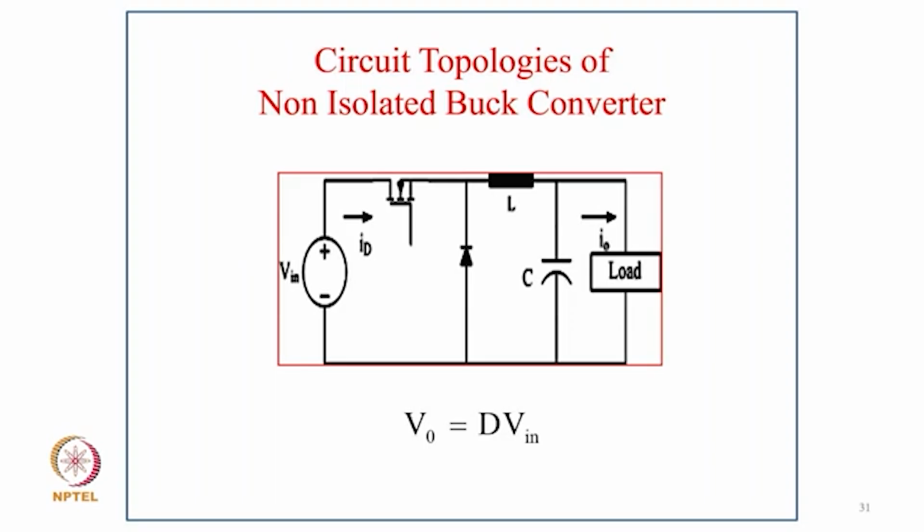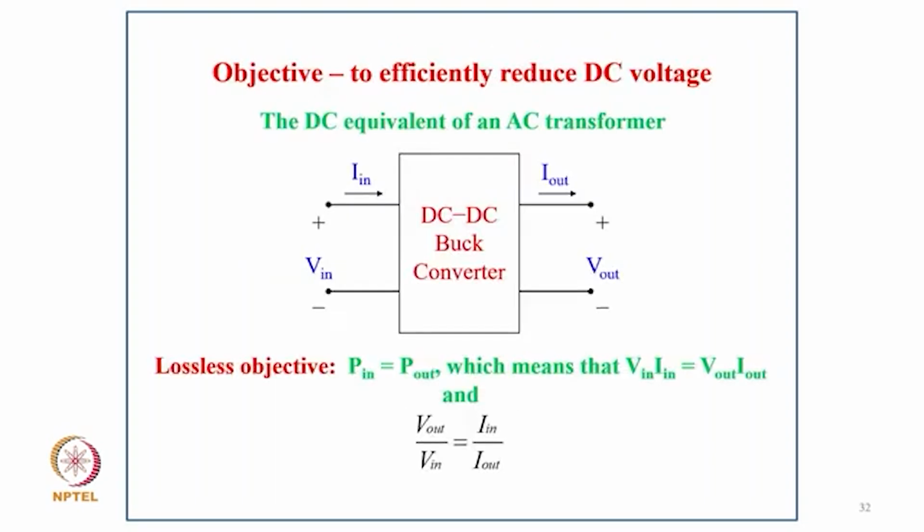This is an ideal converter where we neglect the parasitic effects, consider both the diode and device ideal, and neglect the resistance of the inductor as well as the equivalent series resistance of the capacitor. Then this relation is valid.